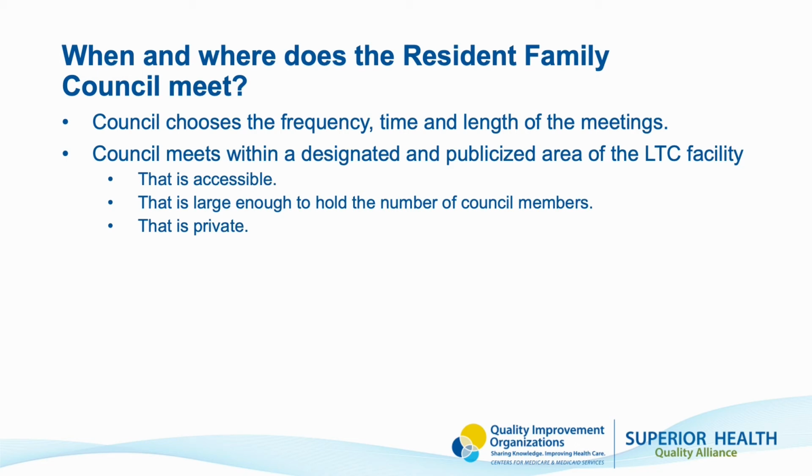The council meets within a designated and publicized area of the long-term care facility that is accessible, that is large enough to hold the number of council members, and that is private.